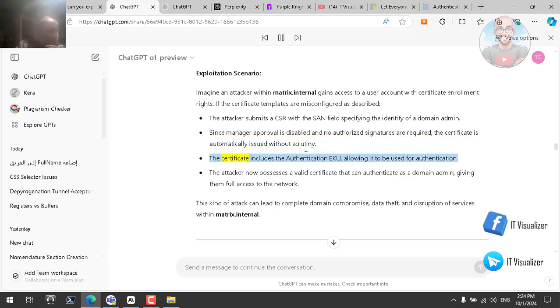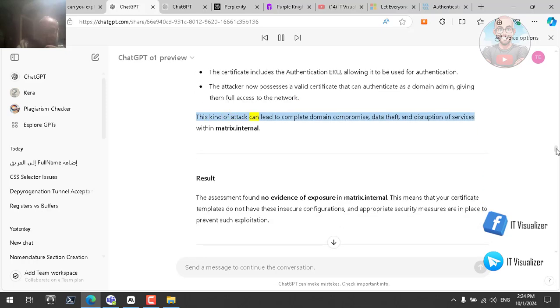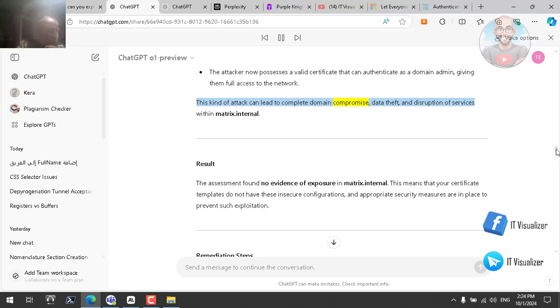The certificate includes the authentication EKU, allowing it to be used for authentication. The attacker now possesses a valid certificate that can authenticate as a domain admin, giving them full access to the network. This kind of attack can lead to complete domain compromise, data theft, and disruption of services within matrix.internal.